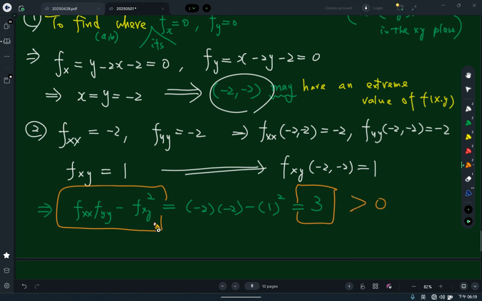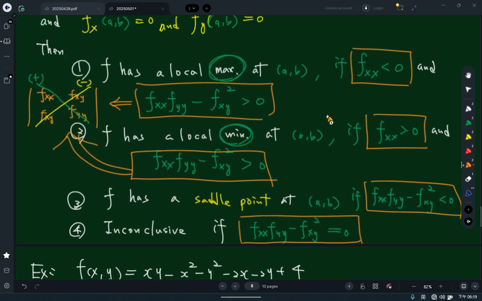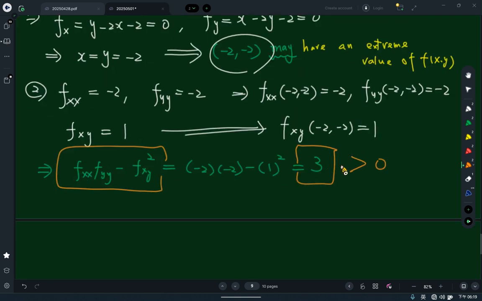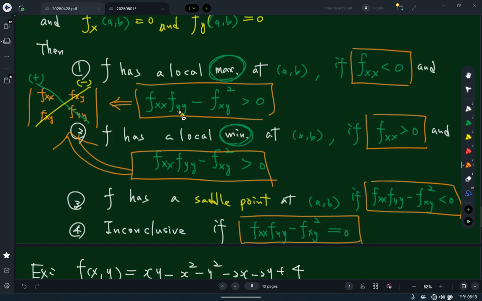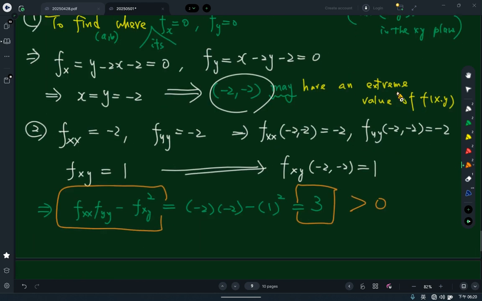Did you remember when the discriminant is positive, it belongs to either case 1 or case 2, right? Then we need to continue to determine f, partial x, partial x at (-2, -2), which is equal to -2, less than 0.